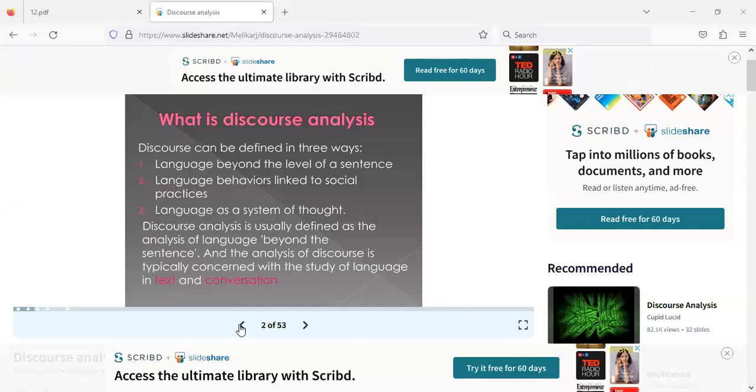So when we define this, the first one is language beyond the level of a sentence. What do you understand by that? When we describe the sentence, we normally talk about subject, verb, and object. But when we analyze, it goes beyond that.